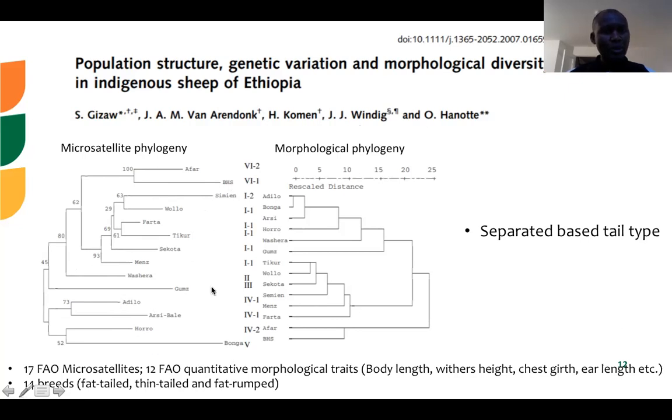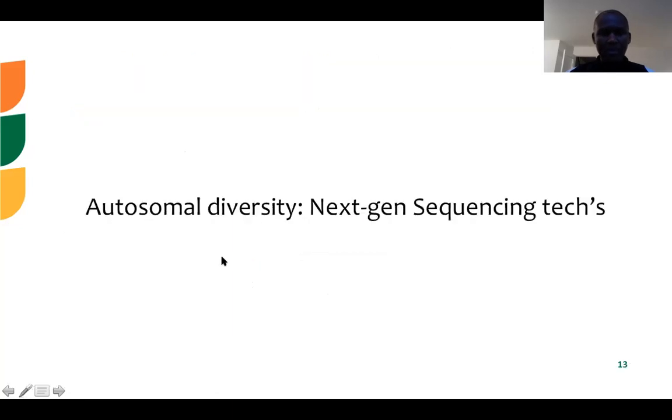And this is also what we observed in the Anne Muigai study, who found two clear genetic clusters or genetic structure in the fat-tailed sheep, suggesting that there is quite a large variation in the fat-tailed sheep found in the African continent. The clustering pattern observed with the morphological traits mirrored the pattern observed with the microsatellite markers.